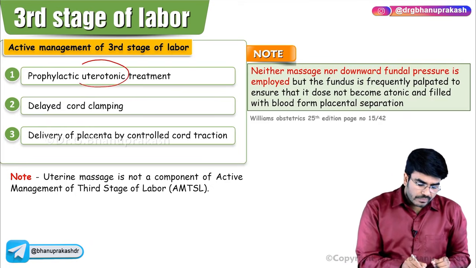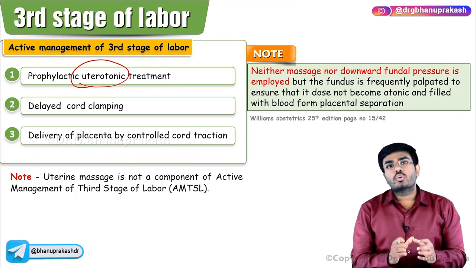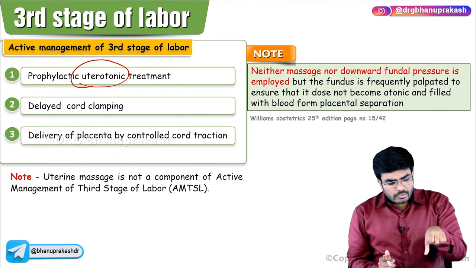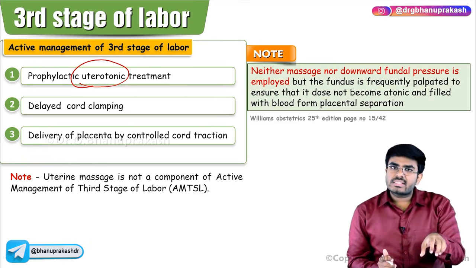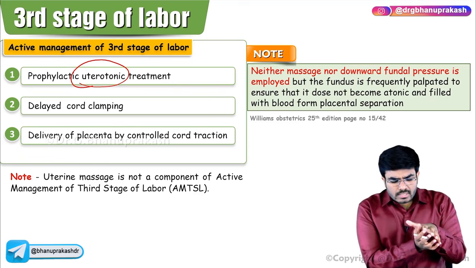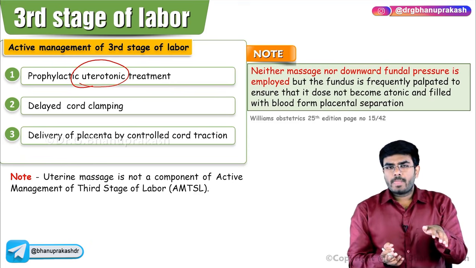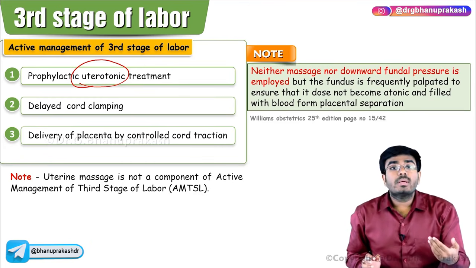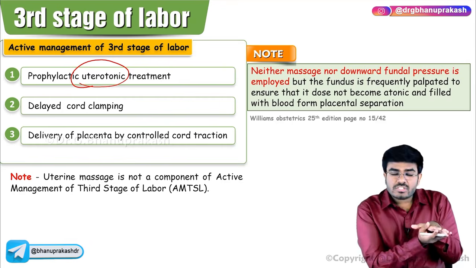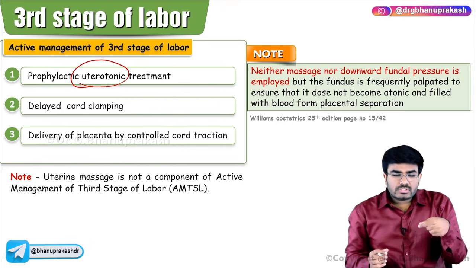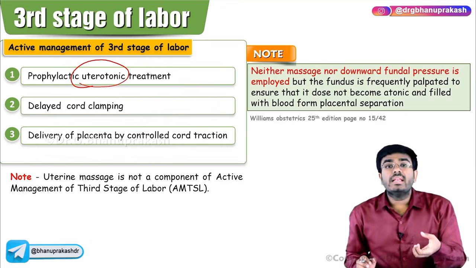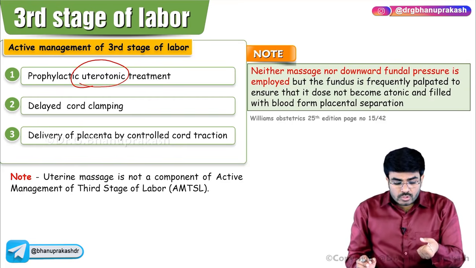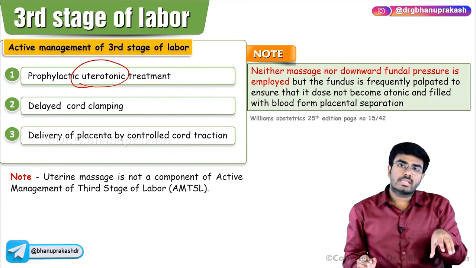We are going to give a uterotonic drug. If you give this uterotonic drug, it contracts the uterus, causes separation of the placenta, and such uterine contractions will also clamp down the bleeding blood vessels. Okay, after separation of the placenta, there will be bleeding. So those bleeding blood vessels should be ligated, and for ligating those blood vessels, uterine contractions are needed.